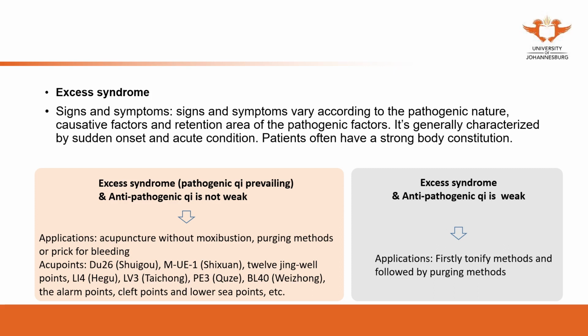The deficiency syndrome also can result in kinds of excess syndrome, and in this situation, you will have excess syndrome with antipathogenic qi weak. This term in the lower block on the right side, excess syndrome accompanied with the antipathogenic qi is weak, is the combination of two contrary syndromes. Excess syndrome accompanied with something deficient. Antipathogenic qi is weak. That's deficient.